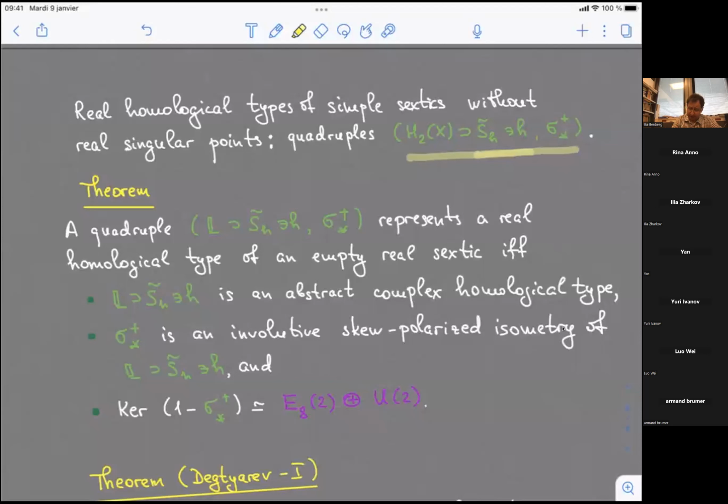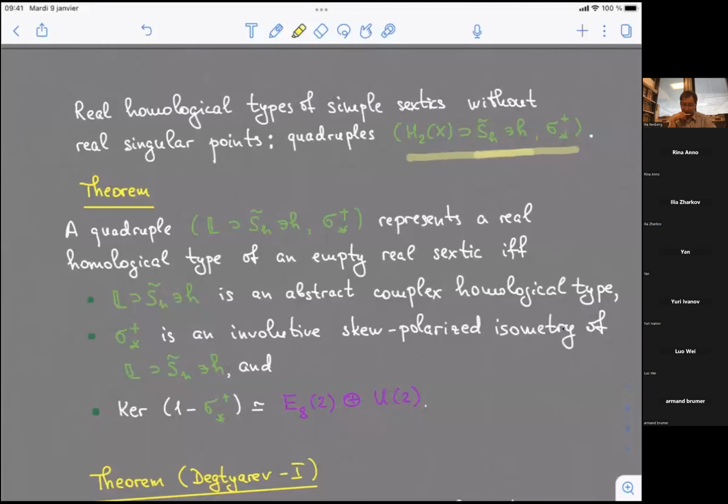And one can once again use the standard K3 machinery to prove the following theorem. So you can describe real homological types of empty real sextics quite easily.